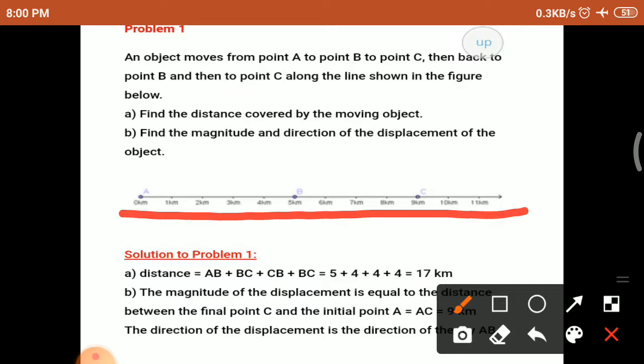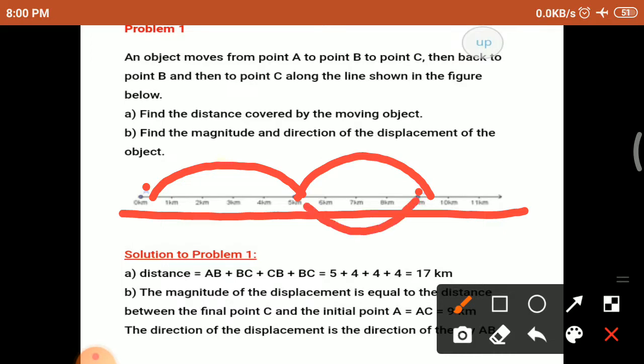There are three points A, B, C. First the object moves from A to B, then B to C, then back to B, then to C. You have to find the distance covered by the moving object.